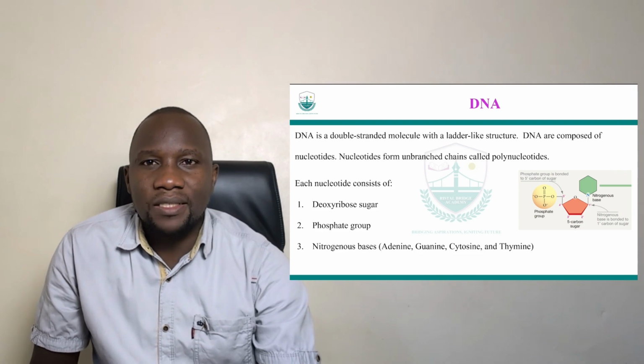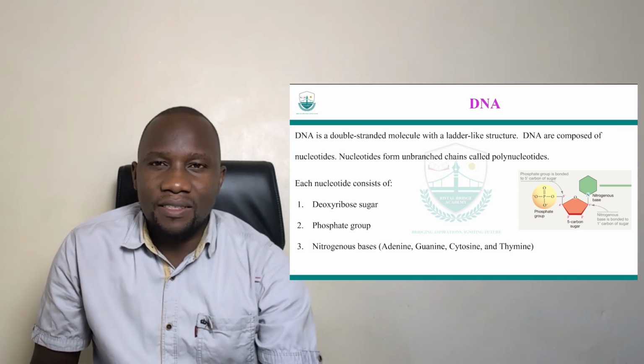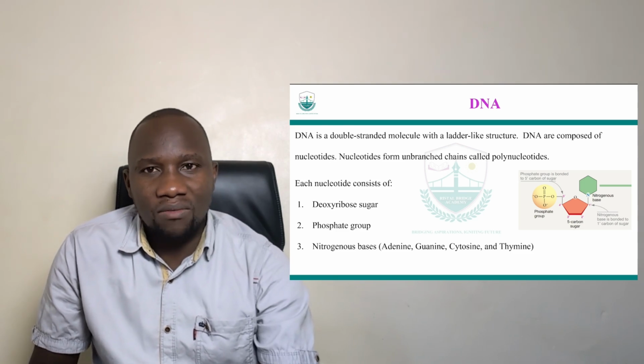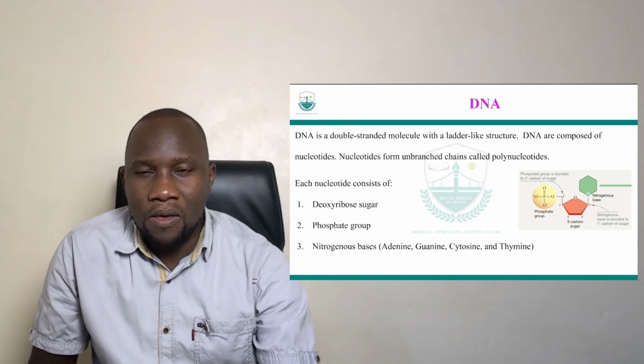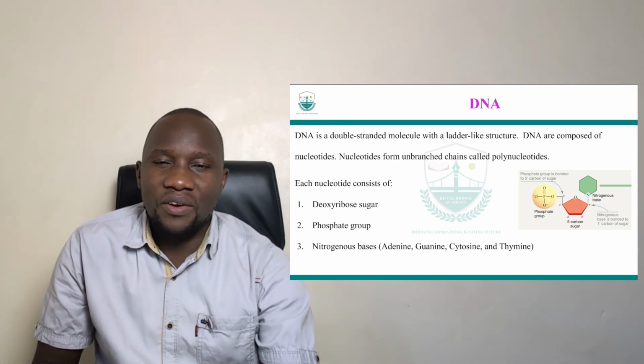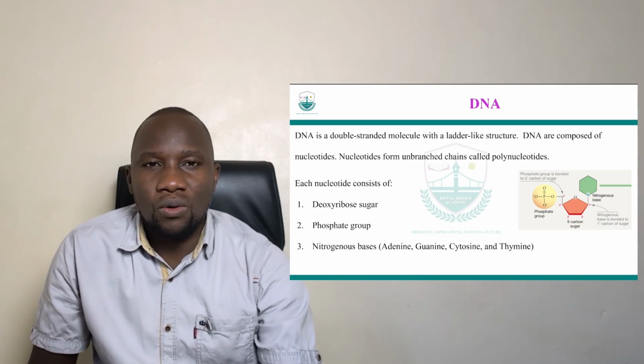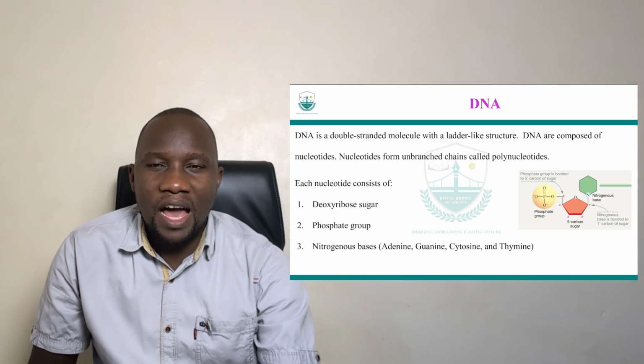The basic units of the nucleic acids, because under nucleic acids we have the RNA and DNA, are the same in RNA and DNA, and these basic units are what we call the nucleotides. So they are the monomers.